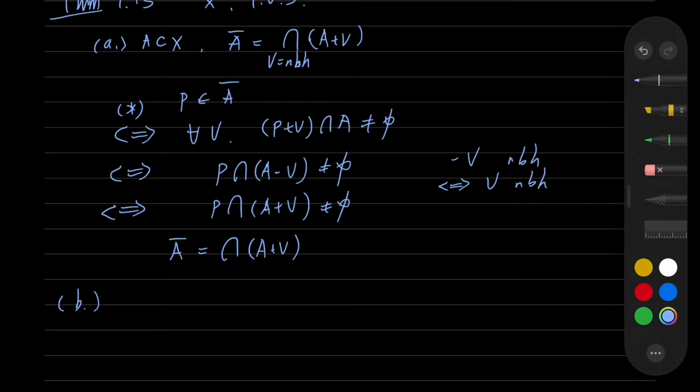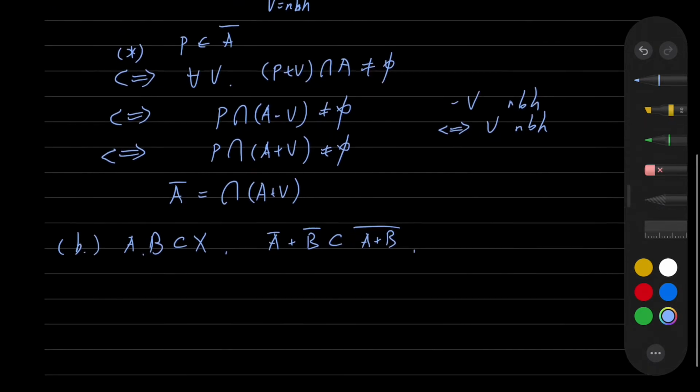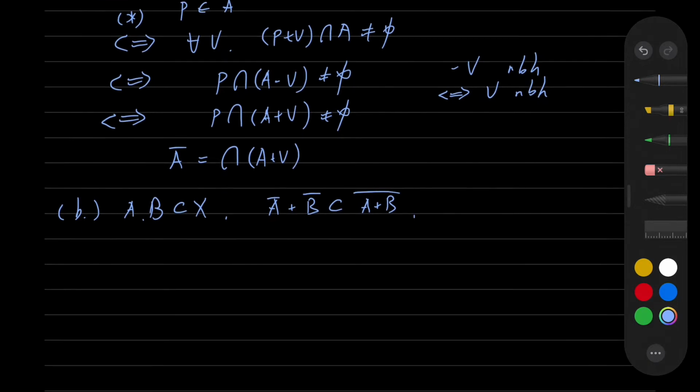Second one, it says that A and B are two subsets of X. Then the closure of A plus the closure of B is contained in the closure of A plus B. And this again follows by the property we had before, the star.